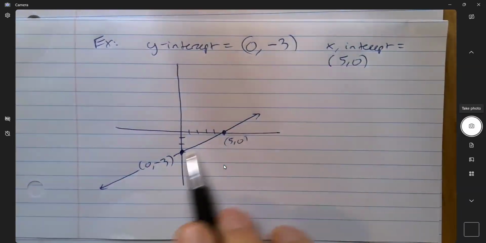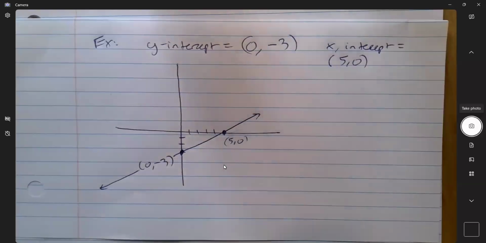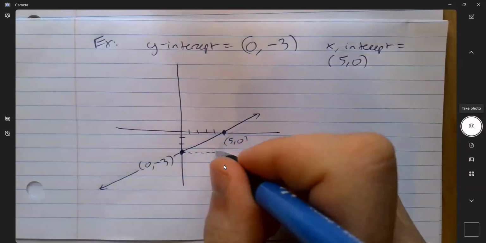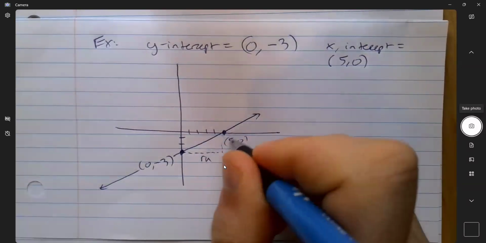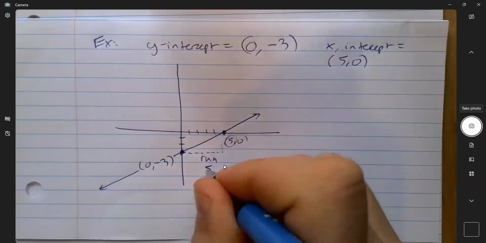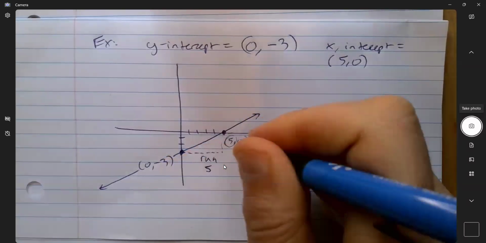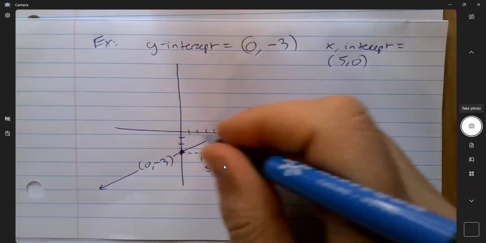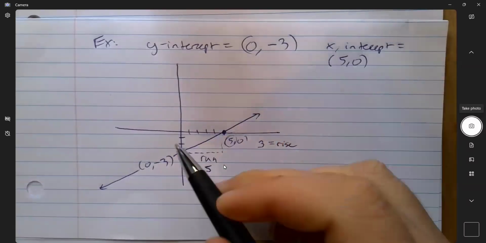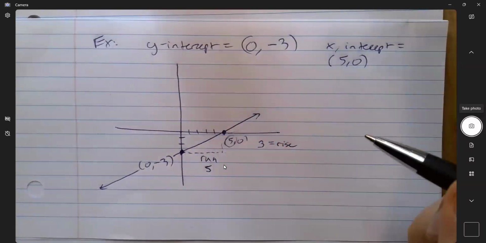Notice this line has a slope, and the slope's super easy to figure out because the run is exactly the x value, it's 5, and the rise is, in this case, positive because it goes up, but it's found from going from -3 to 0.